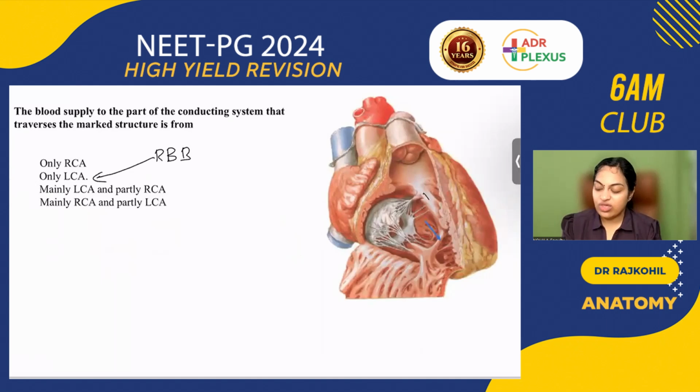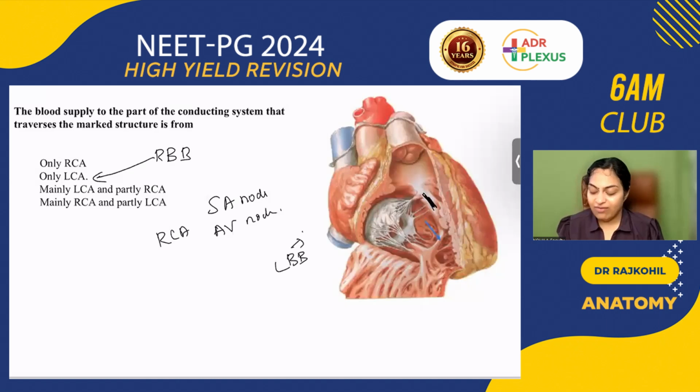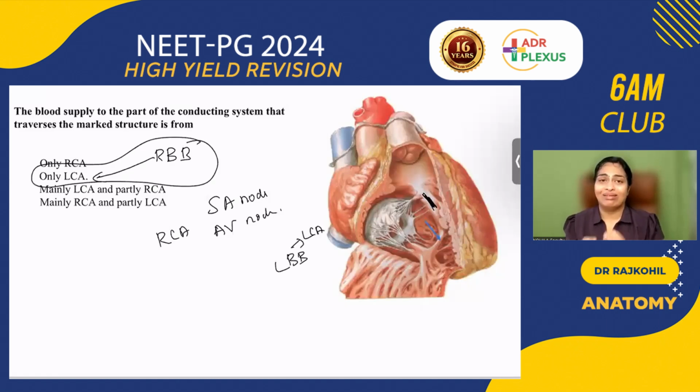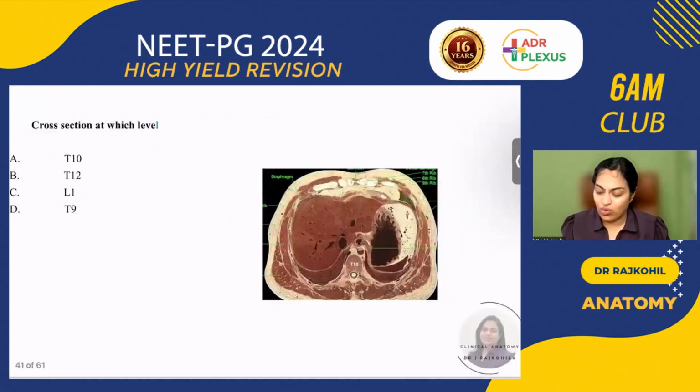There was recently a question on the interventricular septum, isn't it? Remember the SA node and the AV node in the triangle of Koch are exclusively supplied by the right coronary artery. Similarly, the left bundle branch is supplied by right and left coronary artery, but the right bundle branch is exclusively by the left coronary and not right coronary.